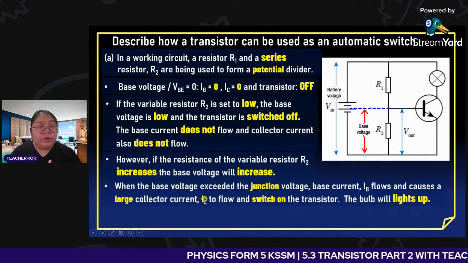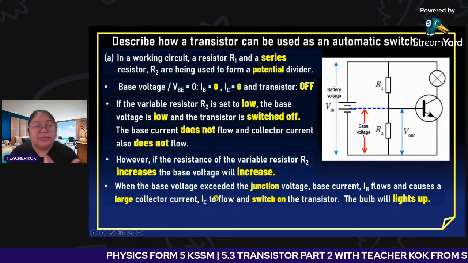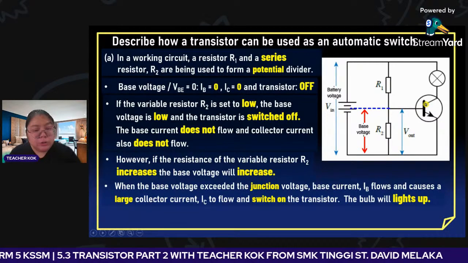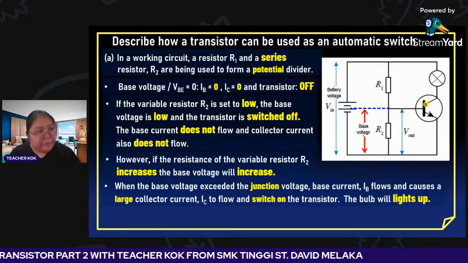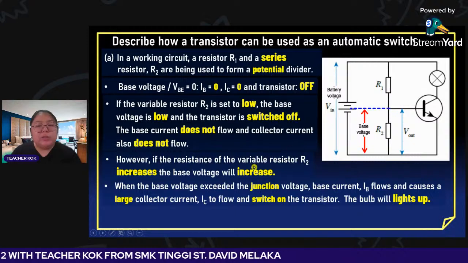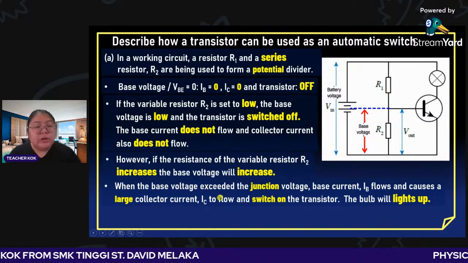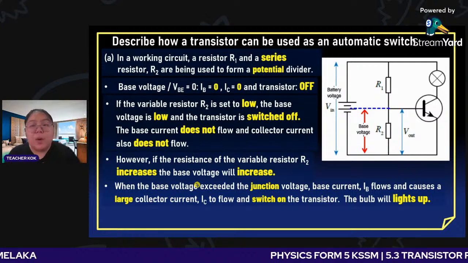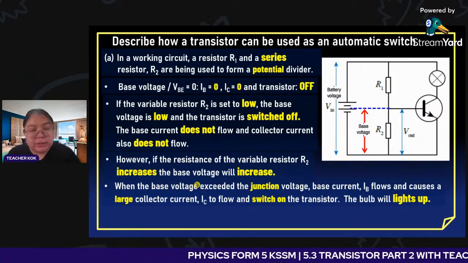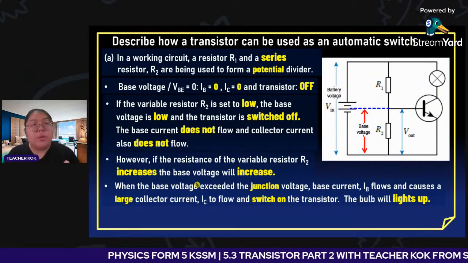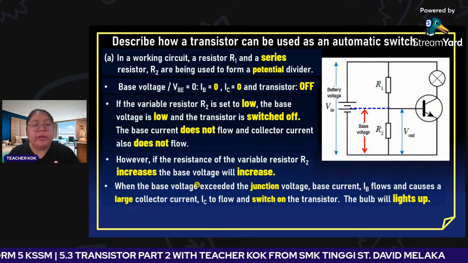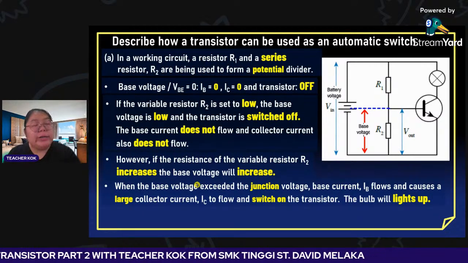When the base voltage just exceeds the junction voltage, remember the PN junction, you need to overcome the PN junction before it can function. So when I provide the voltage, the voltage is sure to be more than the PN junction, because the PN junction is very small, only 0.6, 0.7 or 0.1 volt. When you just apply one battery, it is already 1.5. So your connection must be correct.